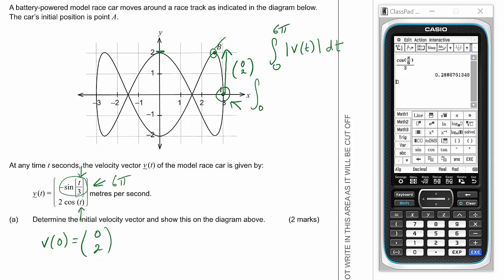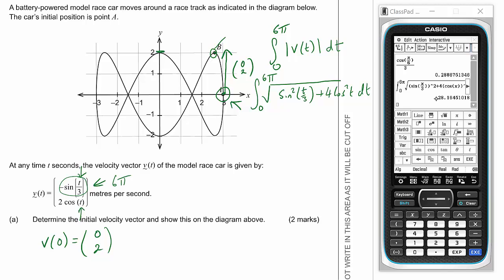So we've got the integral from 0 to 6 pi of the square root of sine squared t over 3 plus 4 cos squared t dt.